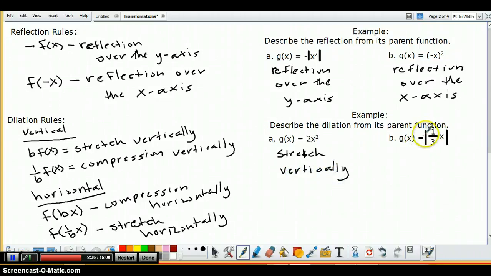All right, g of x equals the absolute value of 1/3 x. So this one, the 1/3 right there, inside, is a stretch horizontally.